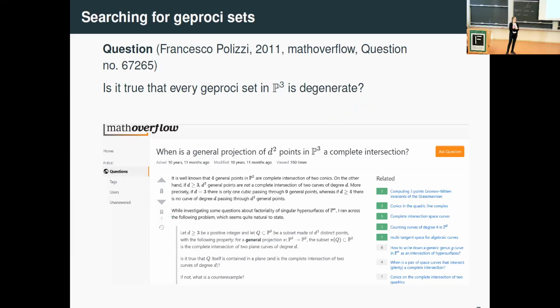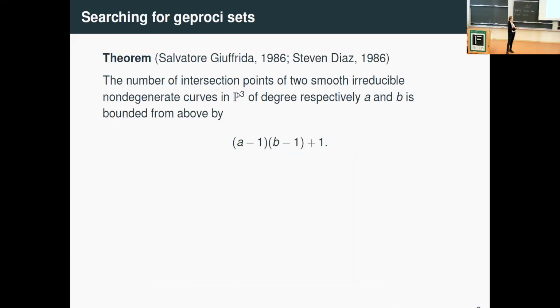The question asked by Francesco Polizzi in 2011 was whether every Geproci set in P3 is degenerate. So is it true that all these sets are in fact sets contained in a plane and projected to another plane?